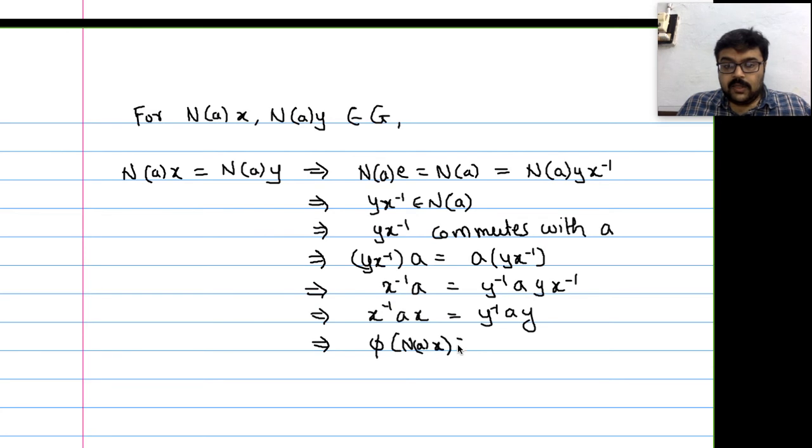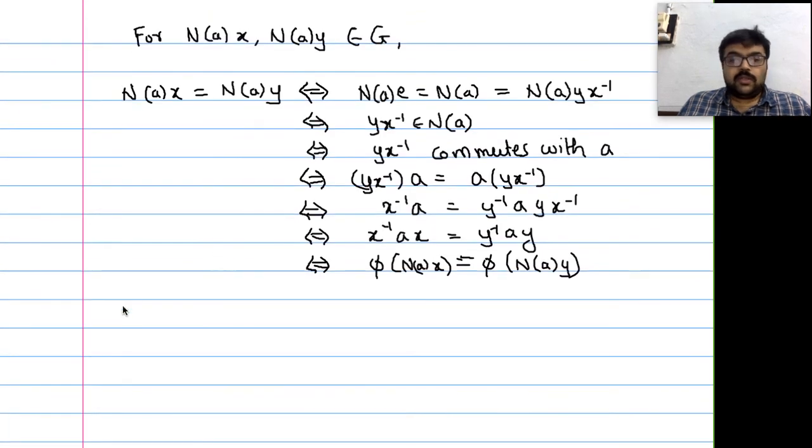So phi of NAX equals phi of NAY. Right? So the elements are the same, the image is the same. So this is well definedness. What about 1-1? Go back the same way. So this is same, this is same. Right? So this phi is well defined, you should be clear.